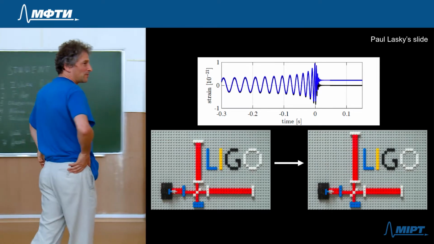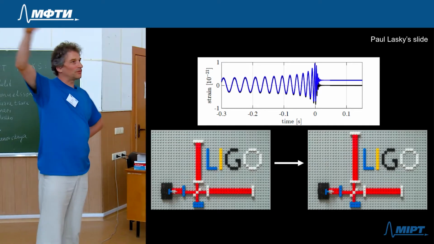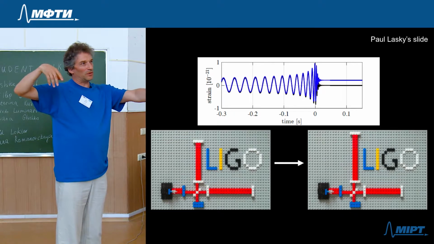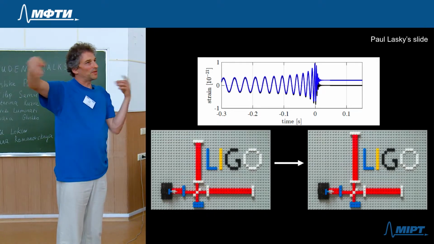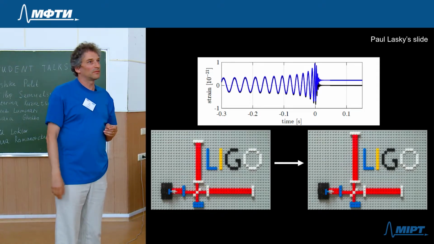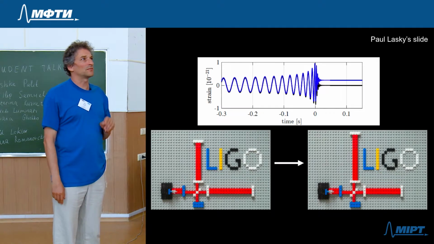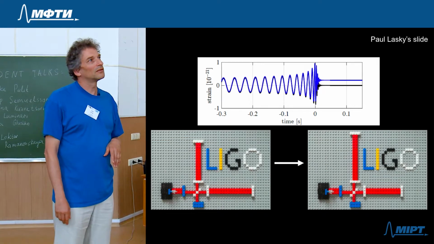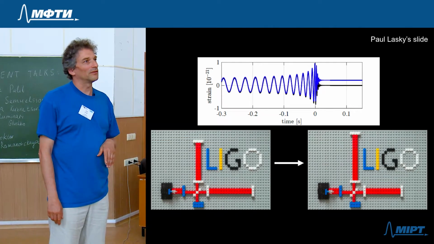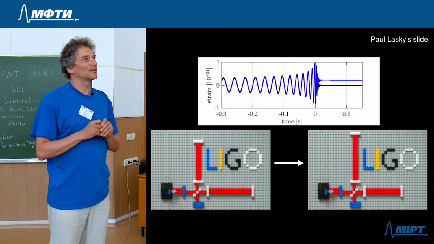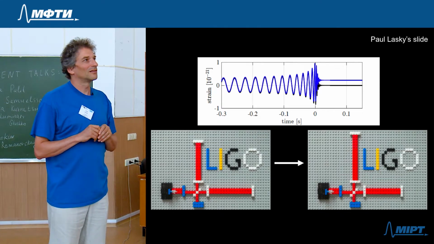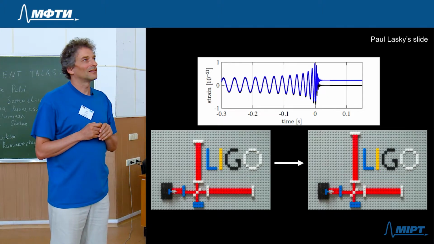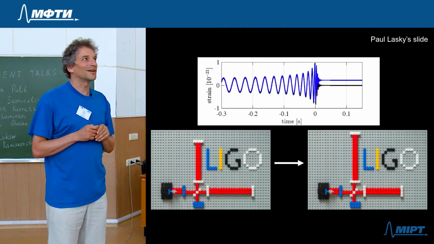I mean, is it plausible that really you have a burst of gravitational waves, and then the distance between mirrors in one arm is different from the distance between mirrors in another arm? That's impossible. Why do you think that's impossible? A very simple reason. Come on.